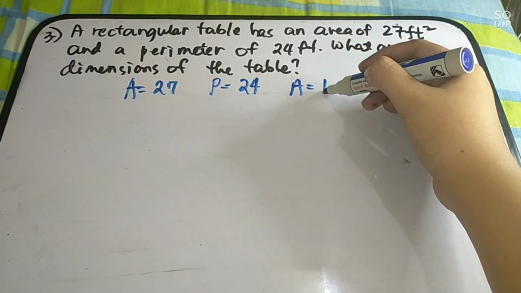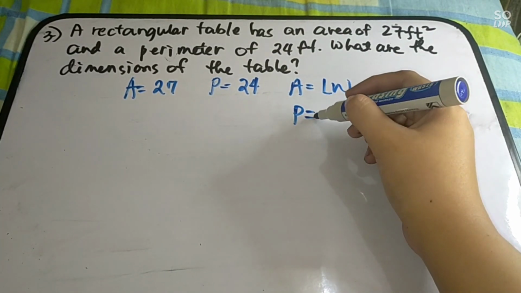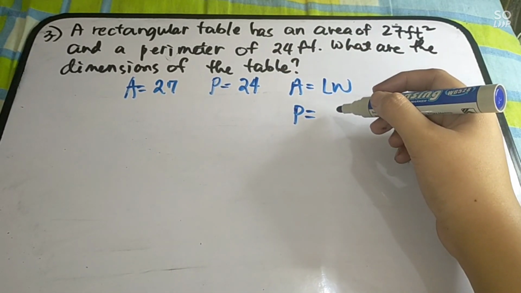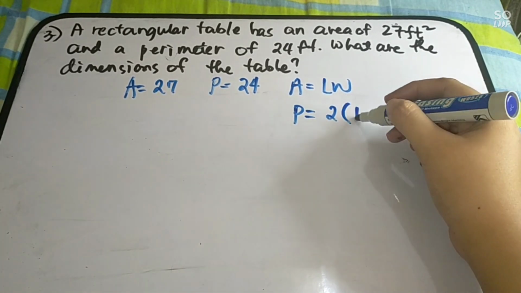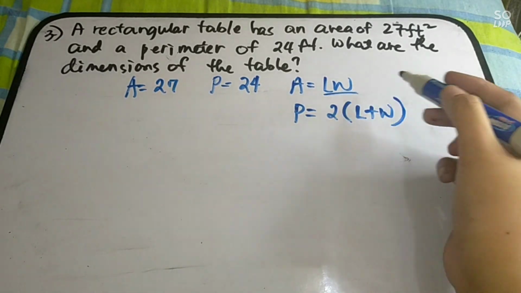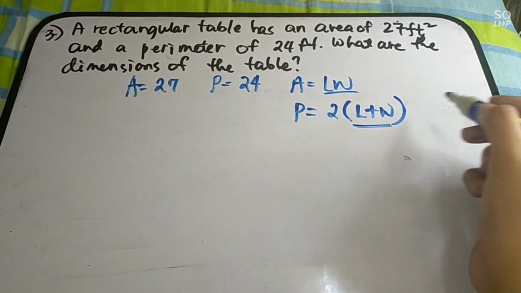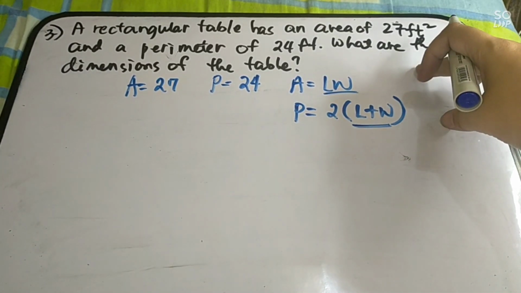Ang formula ng area is length times width kasi rectangular tayo. And the perimeter of the rectangle is twice the length plus the width. As you can see, si area is a product and yung perimeter mo is sum. Sum and product are involved.